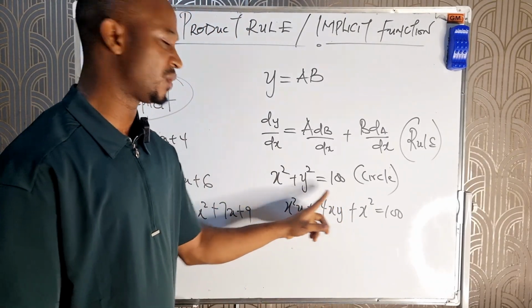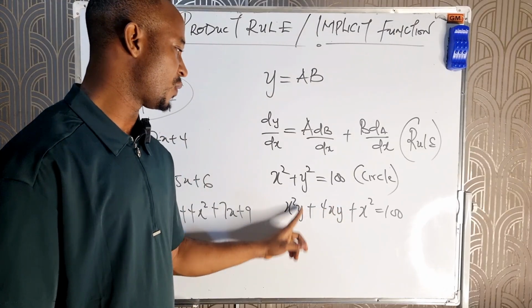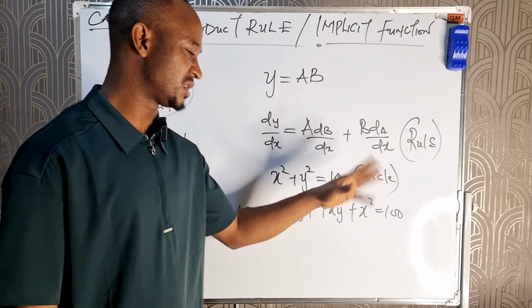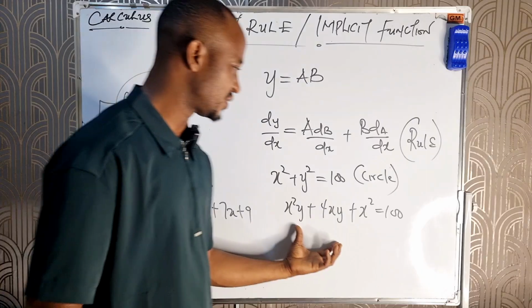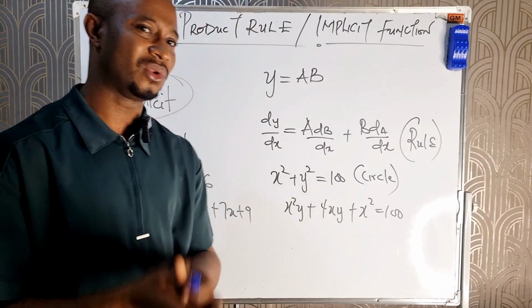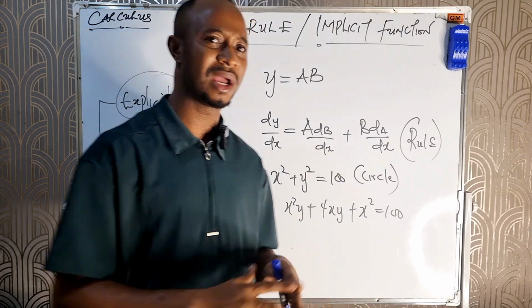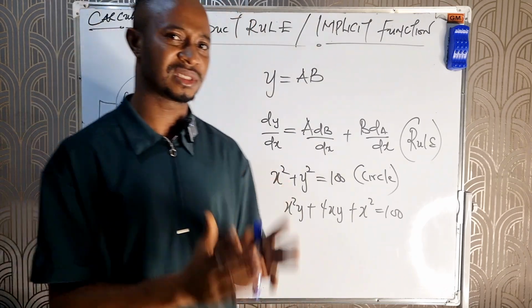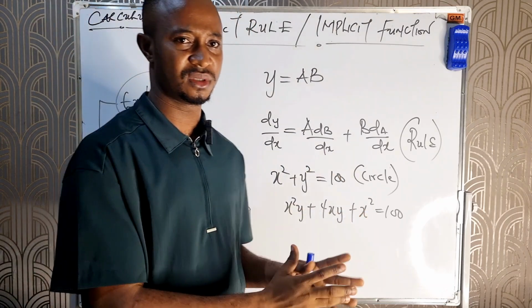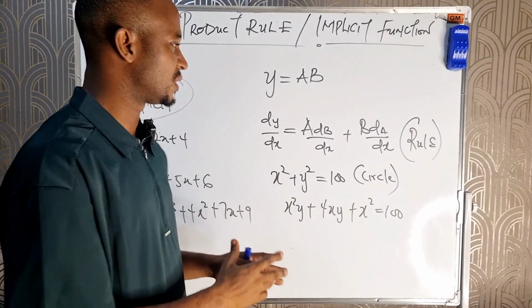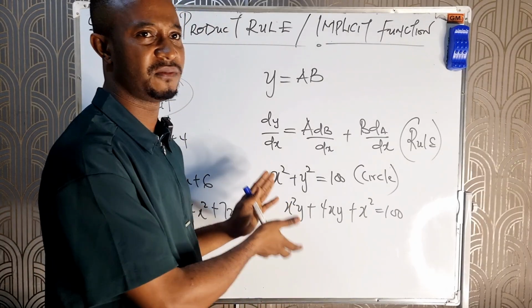x squared plus y squared equals 100, or we have x squared y plus 4xy plus x squared. Whenever you see a function like this, whereby x and y are not acting as the subject of that function, or x and y are clustered together on one side of the function, we call that an implicit function.